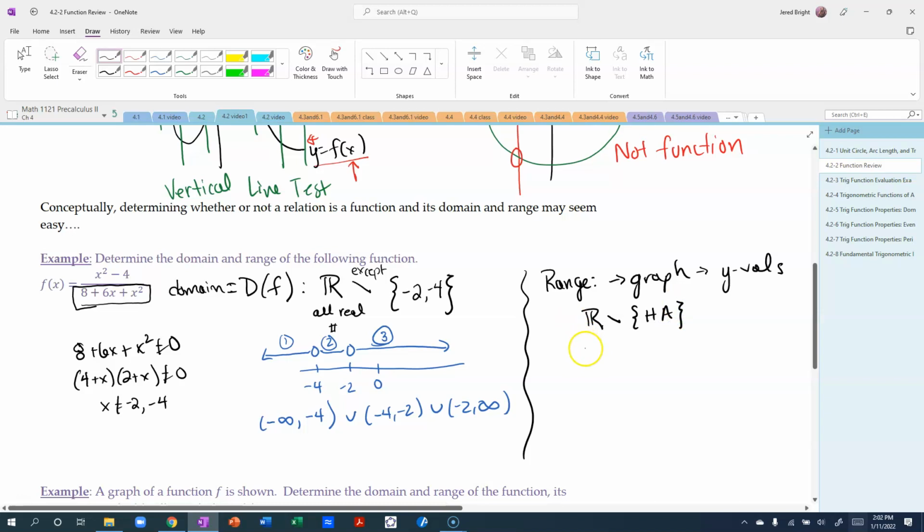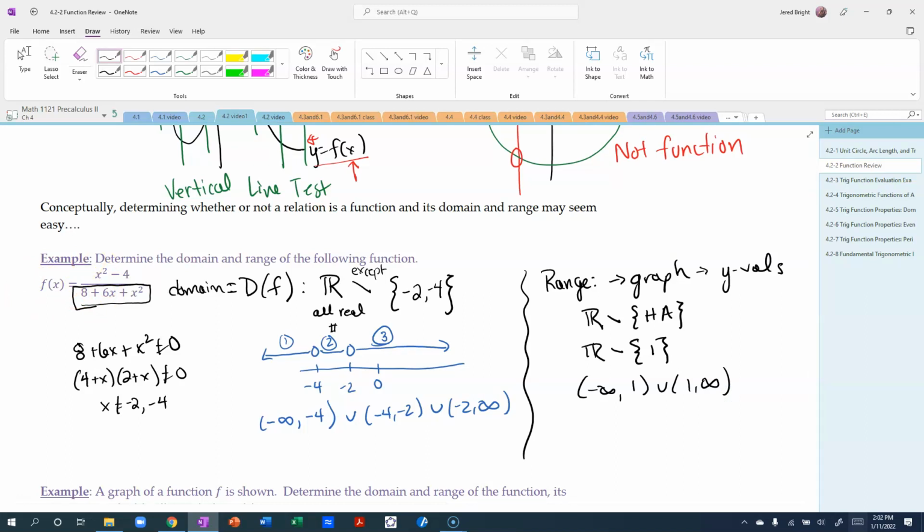And in this case, our horizontal asymptote is at 1, when y is equal to 1. So again, in interval notation, it would be this. Otherwise, certainly type this function into, say, Desmos or another graphing utility, get a picture of the graph, and then for the range, you're looking for your y values.